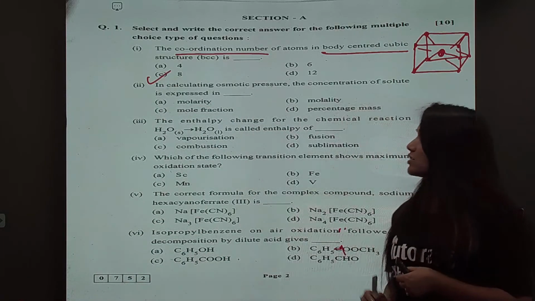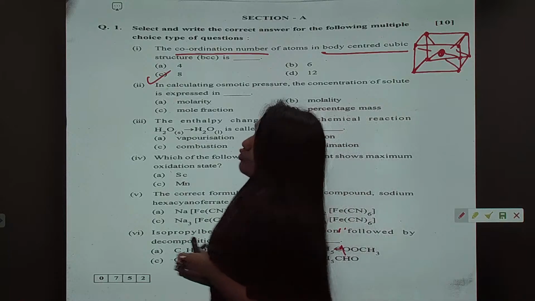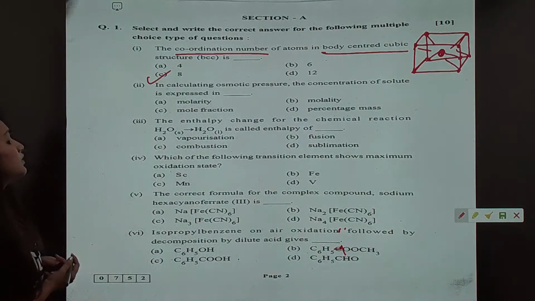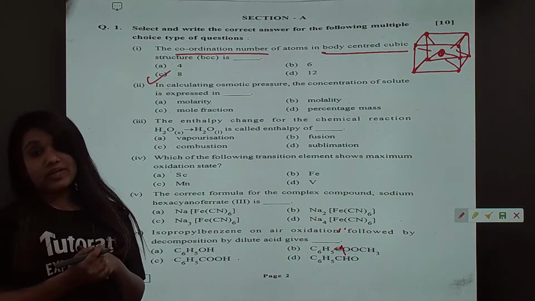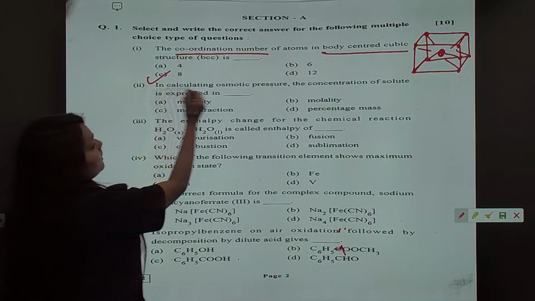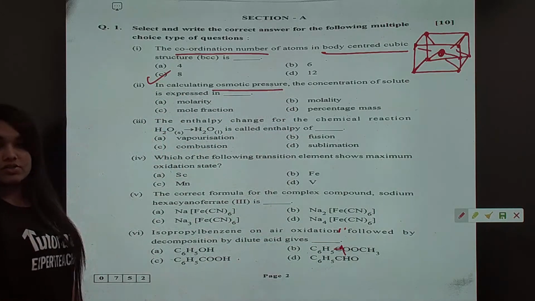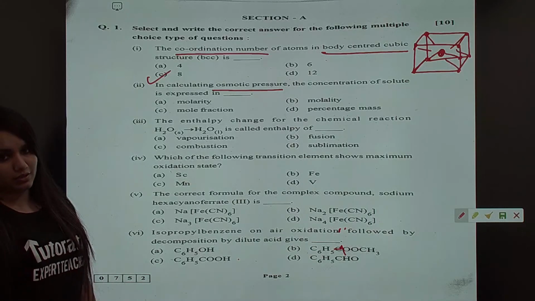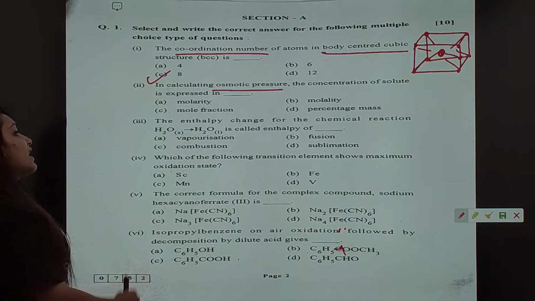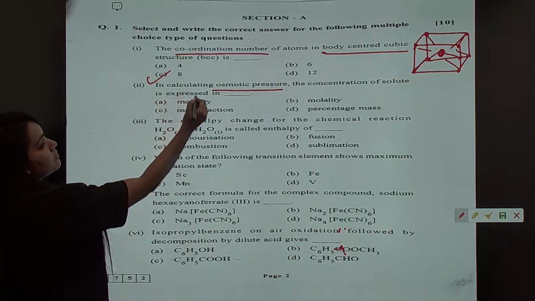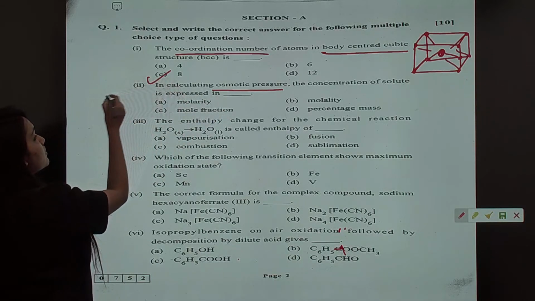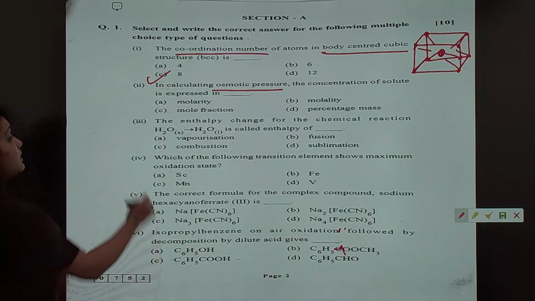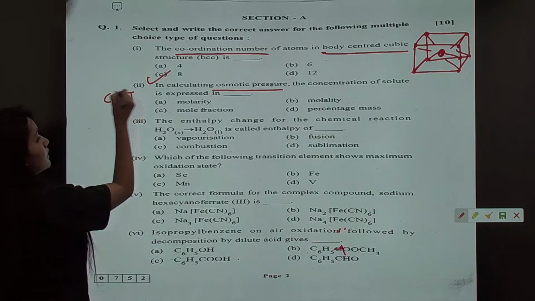That is our first question. Moving on to the second one. I hope the first one is very much clear to all of you. The second question is, in calculating osmotic pressure, the concentration of solute is expressed in. Now, if you remember, osmotic pressure is equal to CRT.